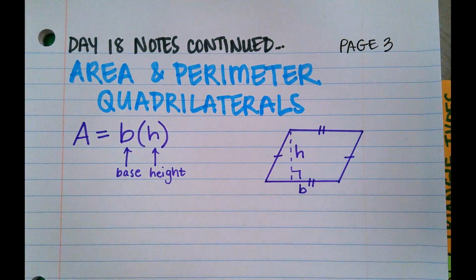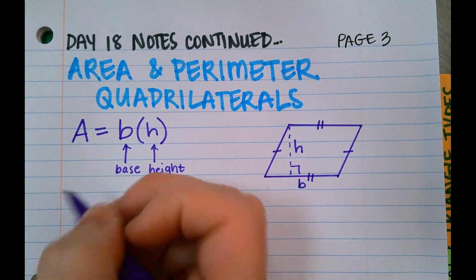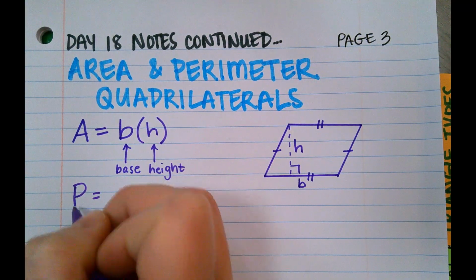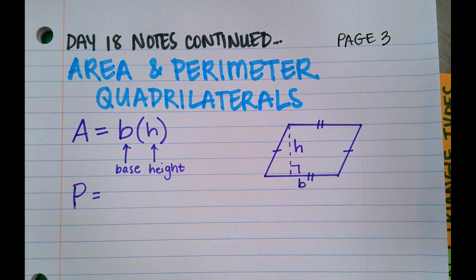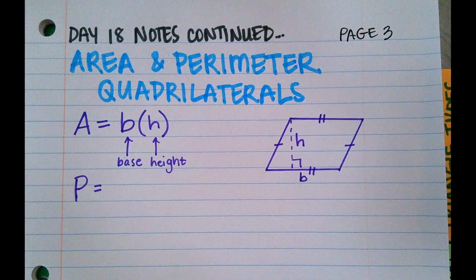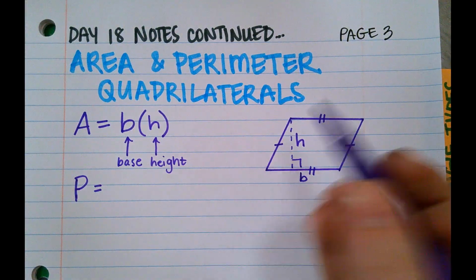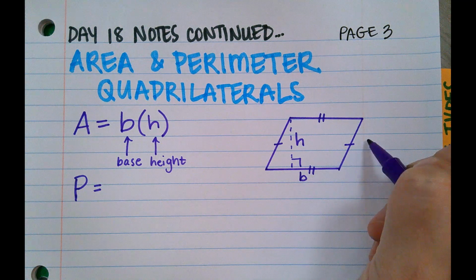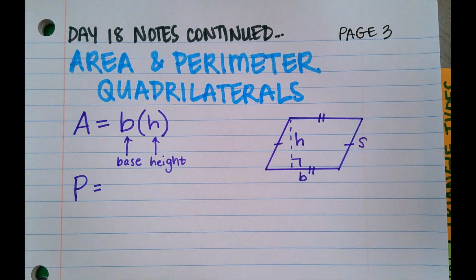Now for perimeter of something like a parallelogram, we have a formula. On the other sides here, we're going to label that with an S for side length.